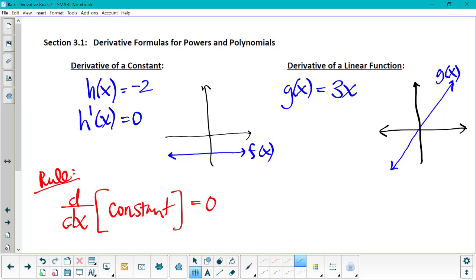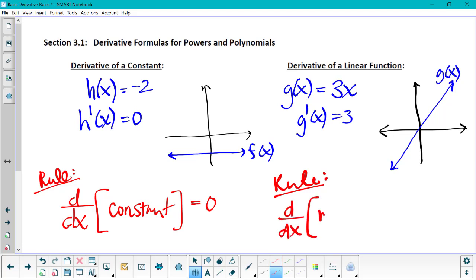So at any point on this line, the slope is going to be 3. So the derivative is 3 for any x value. So that's another basic rule we have. It's kind of a version of another rule we're going to talk about in just a minute. So the derivative with respect to x of any basic linear function is always going to be m, or whatever the slope of that line is.